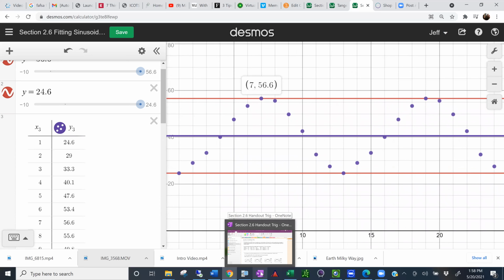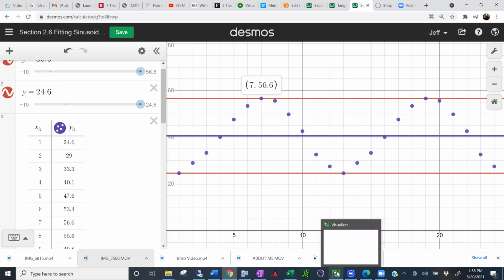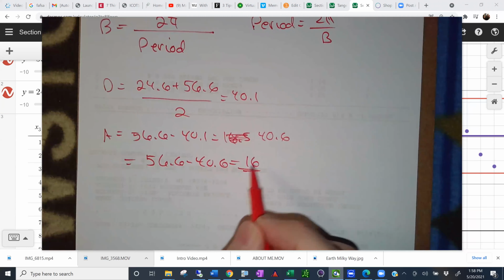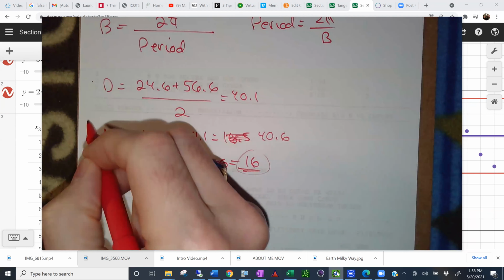So 56.6 minus 40.6 is going to give me an even 16. So 2 down and 2 to go. So I've got A, I've got D.